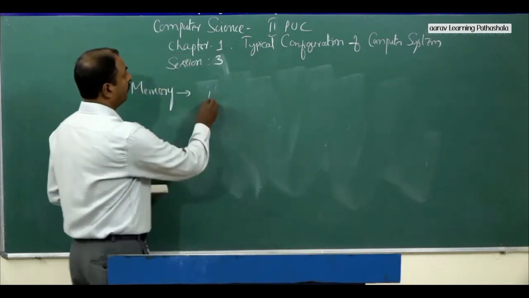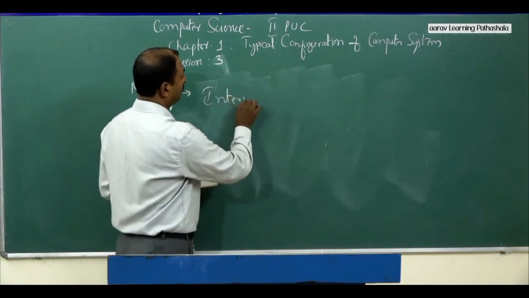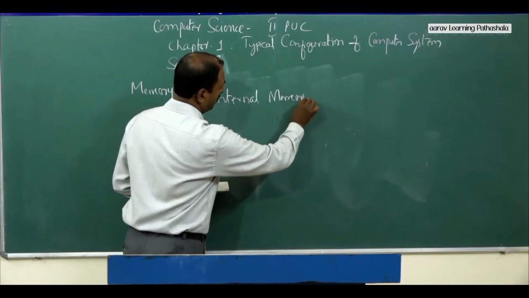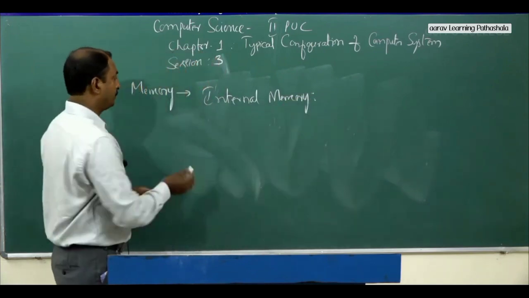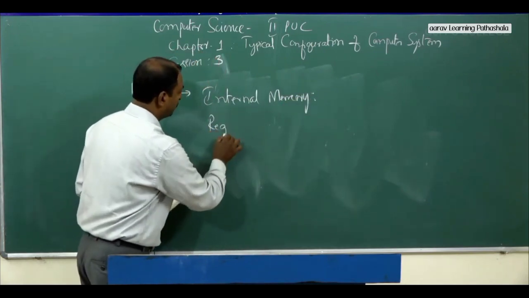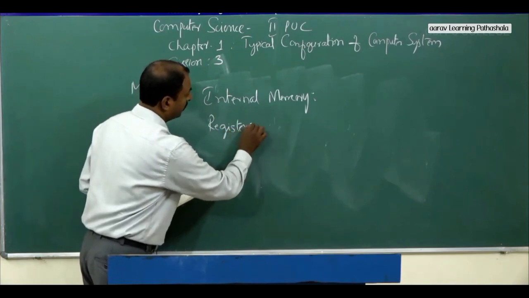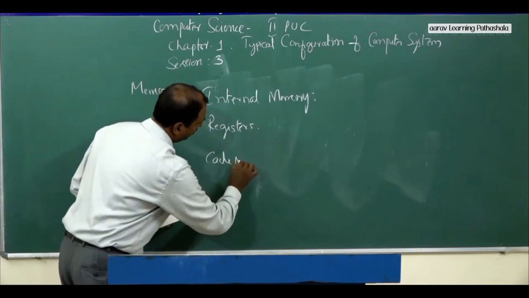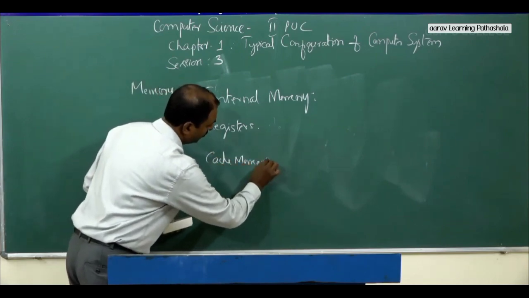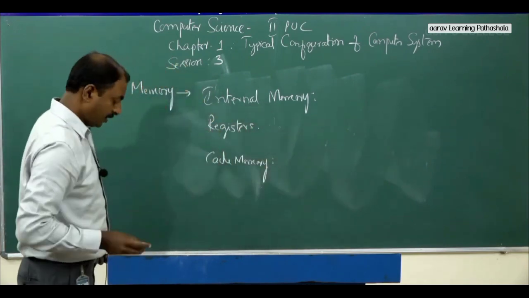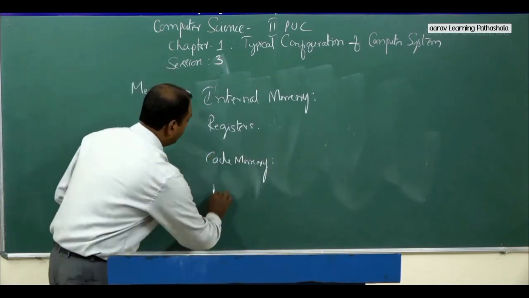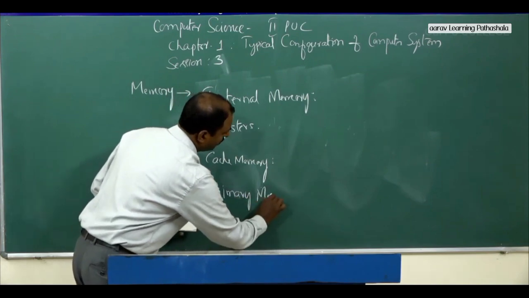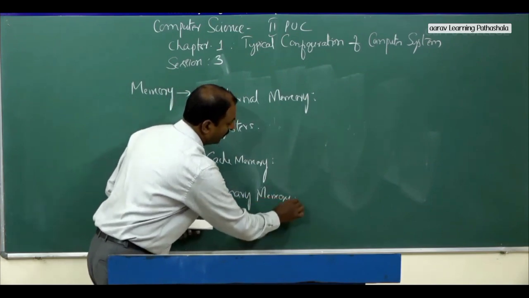Here we have internal memory of your computer system. Internal memory includes registers, as well as cache memory, and it also includes primary memory.